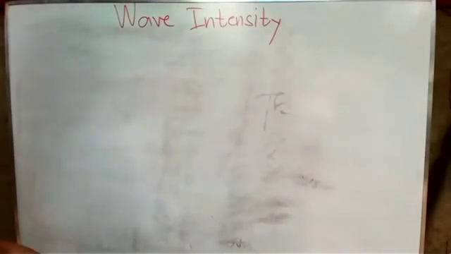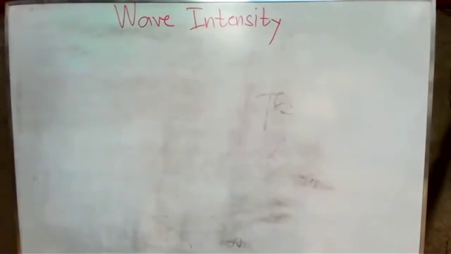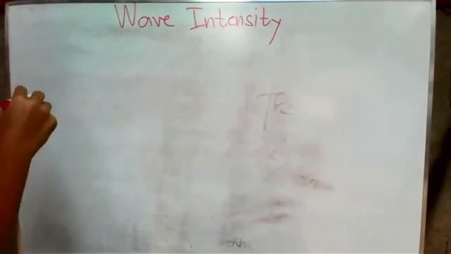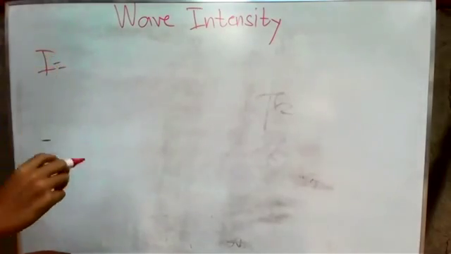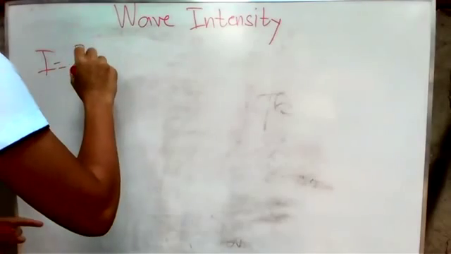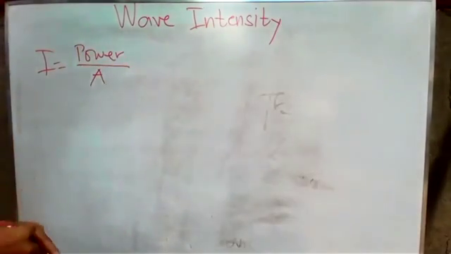Now let's proceed to the wave intensity. Waves on a string carry energy in just one dimension, unlike other types of waves which are in three dimensions. So in three dimensions, we define intensity as the average rate at which energy is transported by the wave, which is our power, per unit area across a surface perpendicular to the propagation.